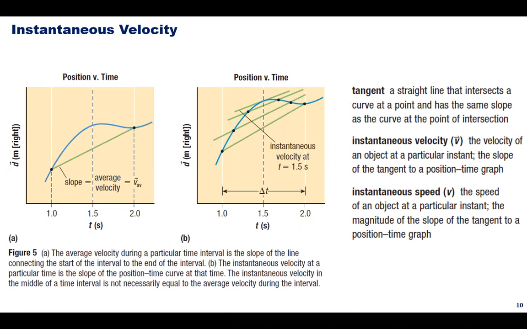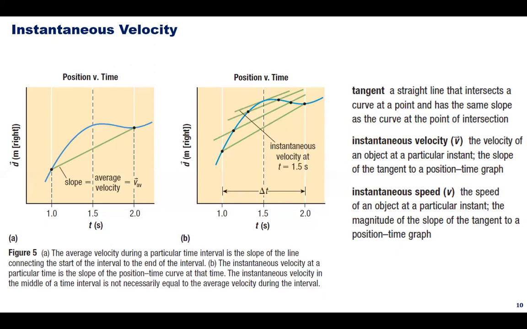So the question is, how small an interval should we use? In figure 5b, as you can see here, we can consider slopes over a succession of smaller time intervals. So intuitively, we expect that using a smaller interval will give a better measure of the motion at a particular instant in time, right?